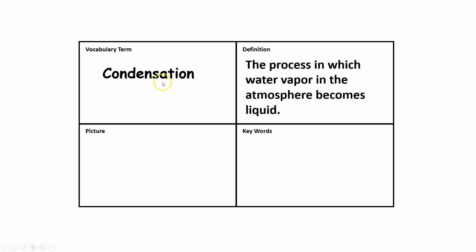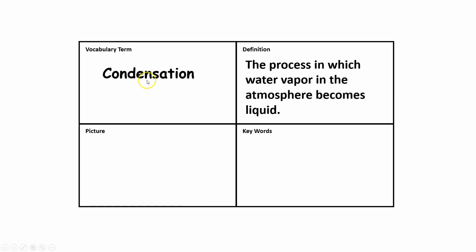Now, I would always do the vocabulary term and definition for all the words in our list before I circle back around and look at the keywords. The keywords are what words in this definition are really the most important that I need to focus on.